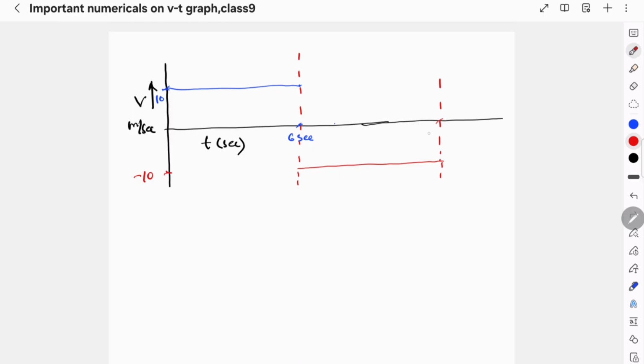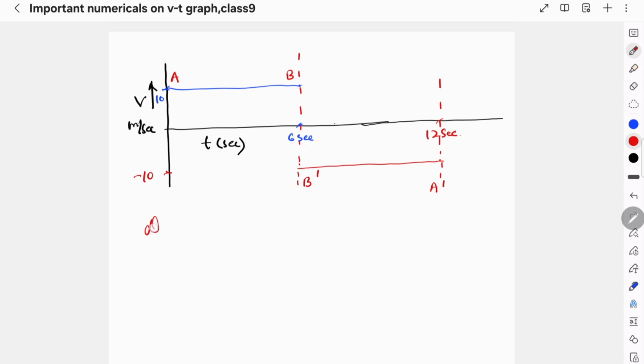Suppose now this is 12 seconds here. So after moving for 6 seconds it comes back to its original position at rest. So this becomes the AB part, and this becomes the B dash to A dash part.